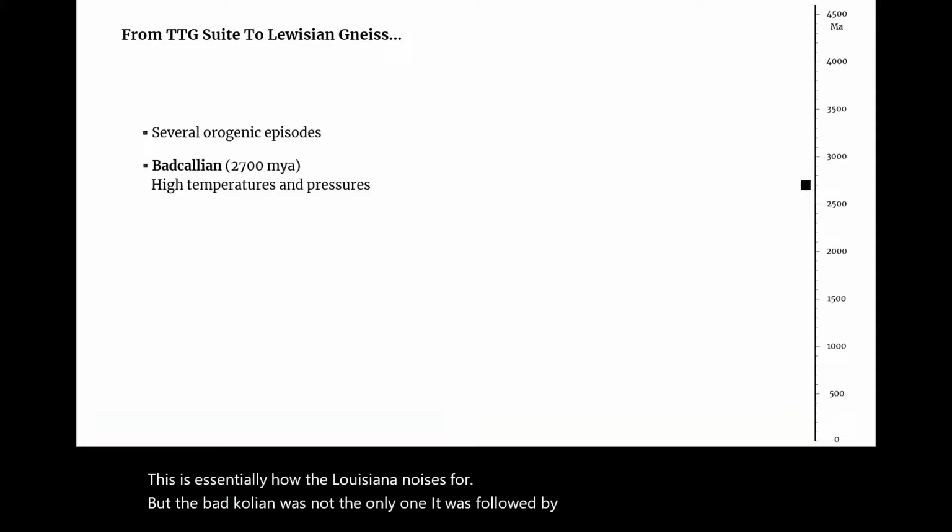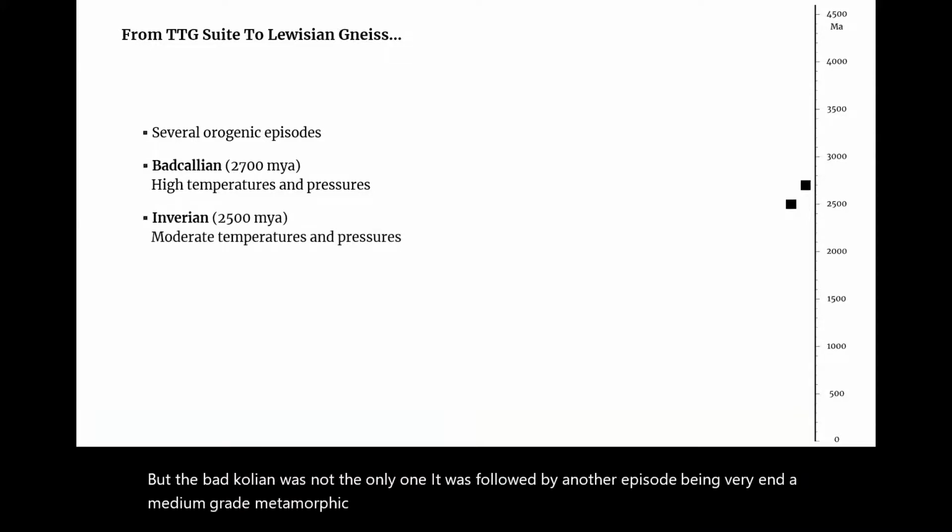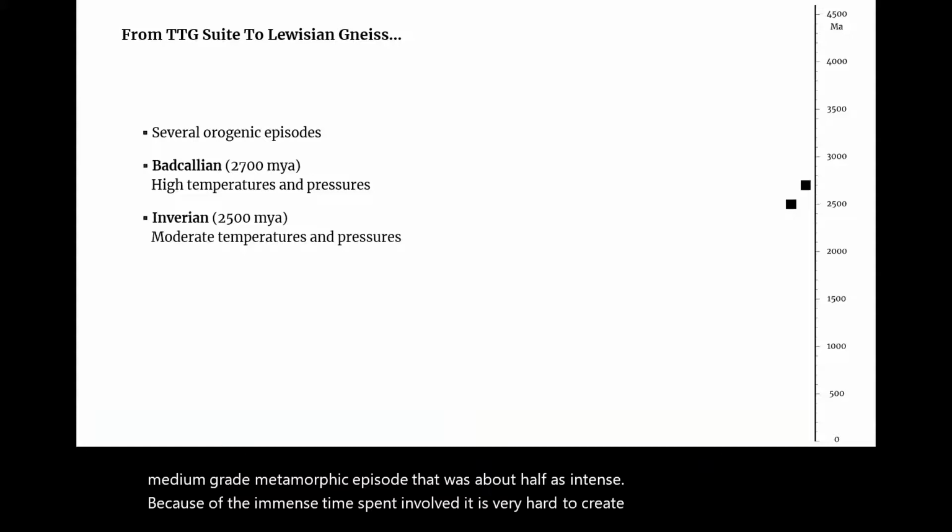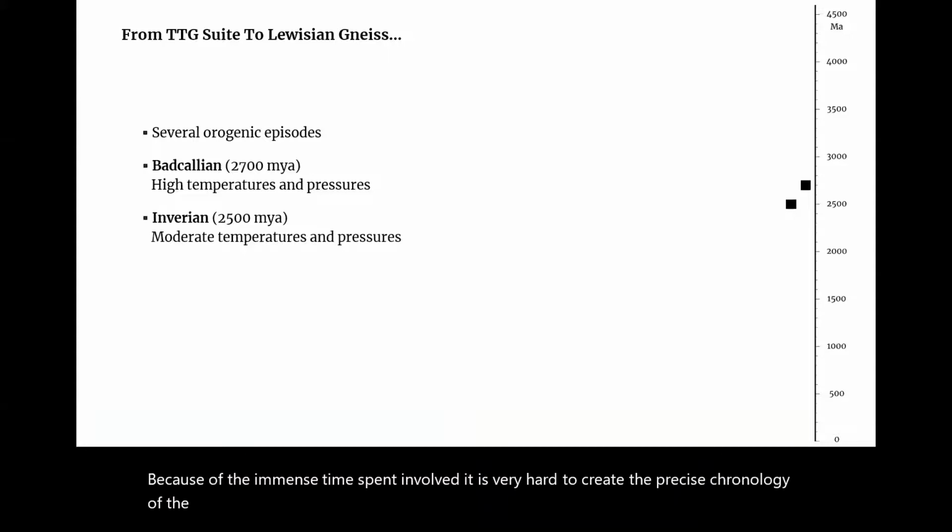But the Badcallian was not the only one. It was followed by another episode, the Inverian, a medium-grade metamorphic episode that was about half as intense. Because of the immense time span involved, it is very hard to create a precise chronology of the events. But it is usually believed that the Badcallian occurred 2,700 million years ago, while the Inverian 2,500 million years ago.